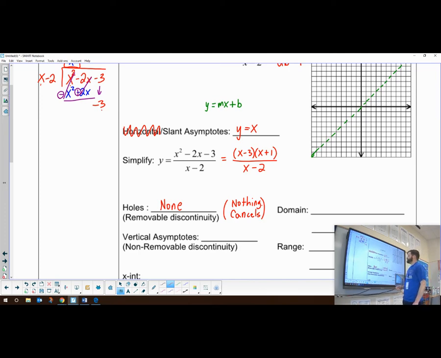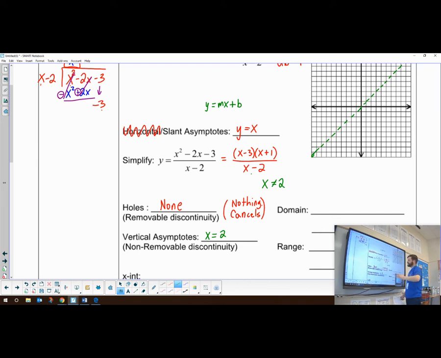Then we're going to look at our vertical asymptote. Remember, it is going to be what our undefined is. And so my undefined is going to be x cannot equal positive 2, because that's going to be the opposite of that down there. So I am going to have a vertical asymptote at x equals 2. If that x minus 2 canceled, it would leave me with a hole, a removable discontinuity.